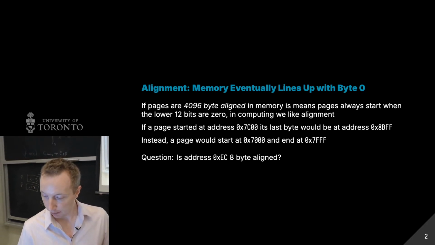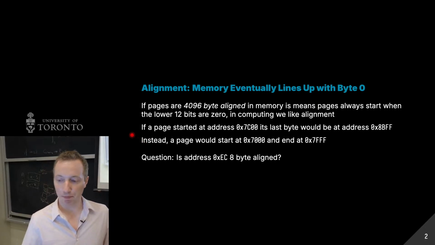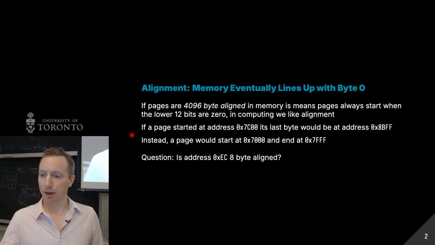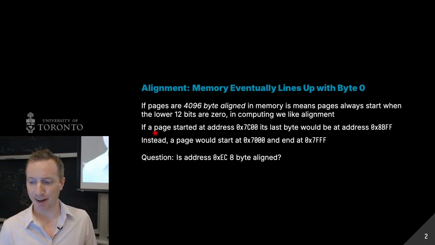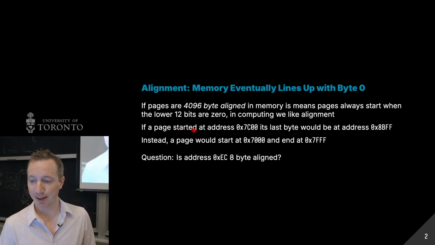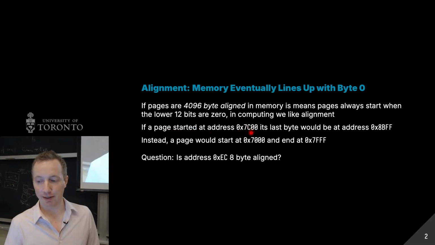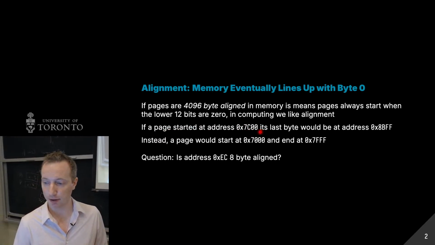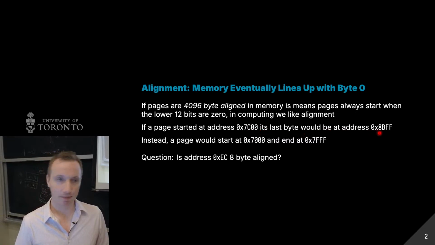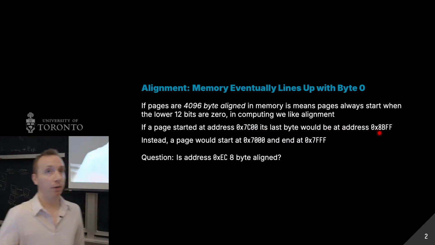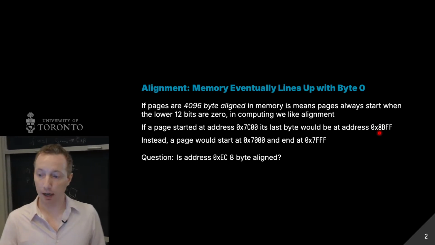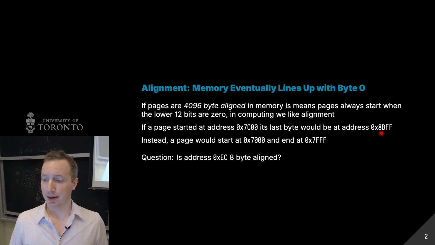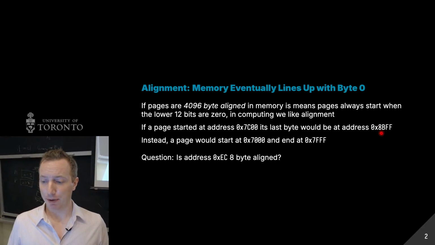If for some reason we had a weird system where you had to keep track of the whole address, and the page could start at any old random address, say a page started at 7C000, so the last 3 hex digits are not all 0, then if you add 4095 to it, the address of the last byte would be like 8BFF, which would be weird.